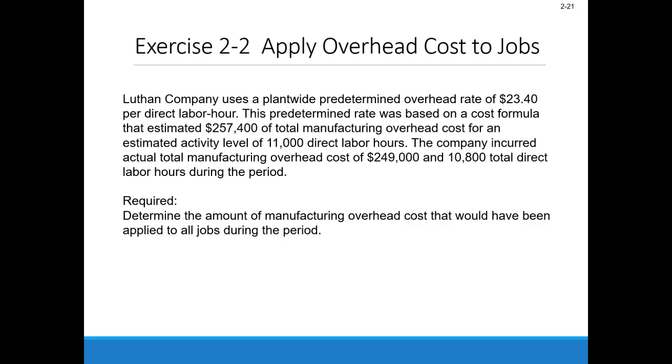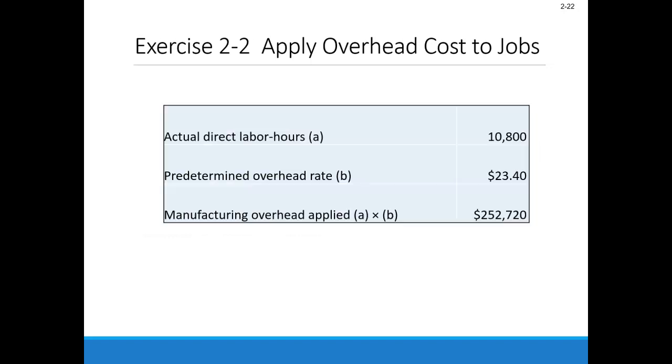But the company incurred actual total manufacturing overhead costs of $249,000 and 10,800 total direct labor hours. How would we determine the amount of manufacturing overhead costs that would have been applied to all jobs during the period? How do we figure this out?